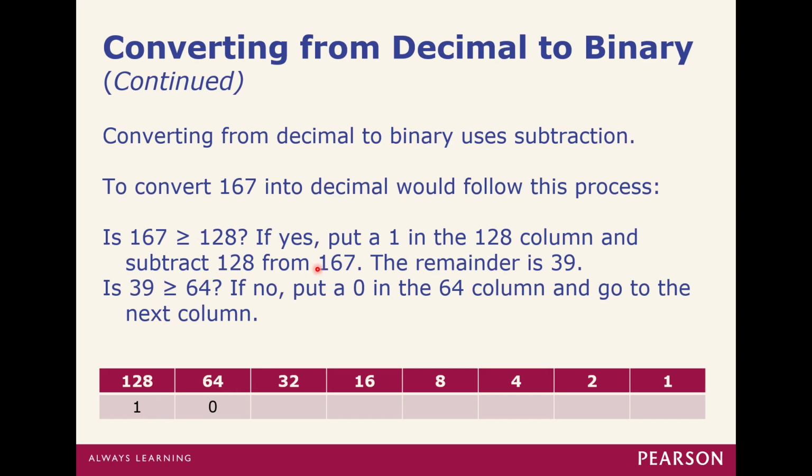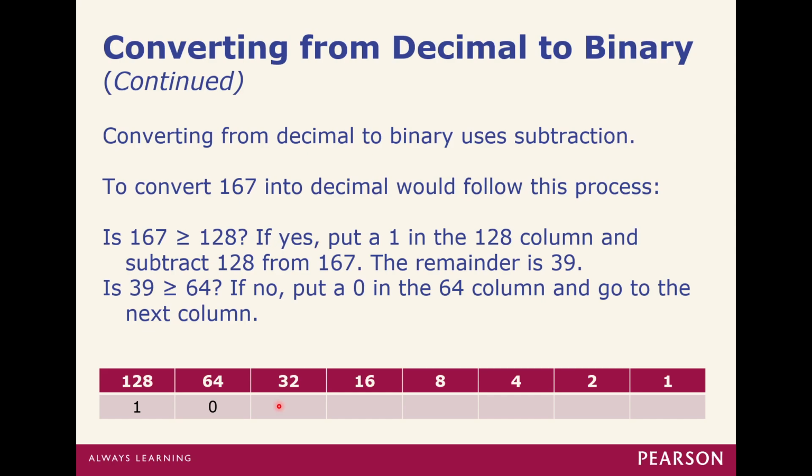You might have this on the exam when you do Network Plus from CompTIA. So 167 is bigger than 128, so we put 1. Now we have 1 under 128, so 167 minus 128, how much is that? 39.